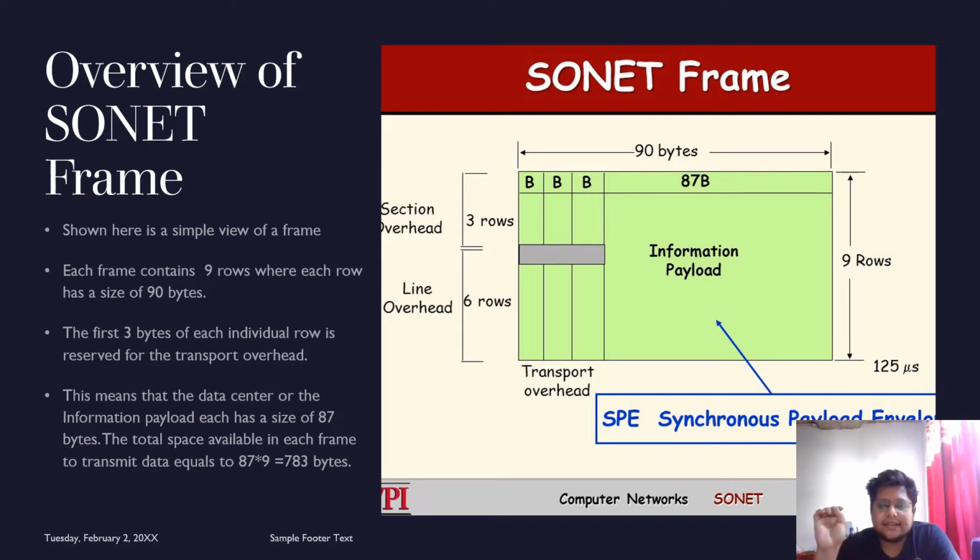That means the information payload size will be 87 bytes for each row. That means the total space available for each frame to transmit data equals 783 bytes. That is the amount of information you can send in a single frame of a SONET structure.